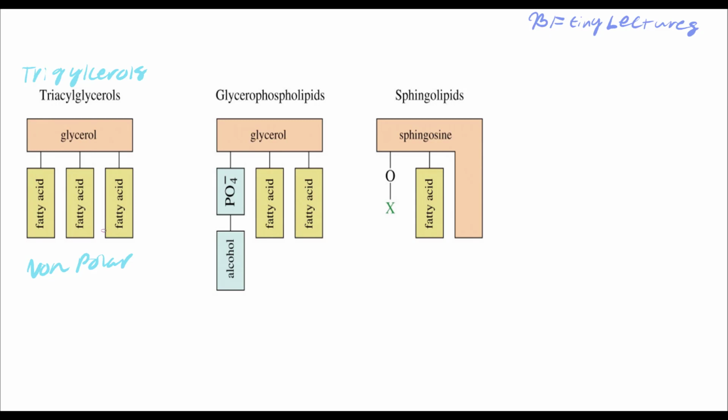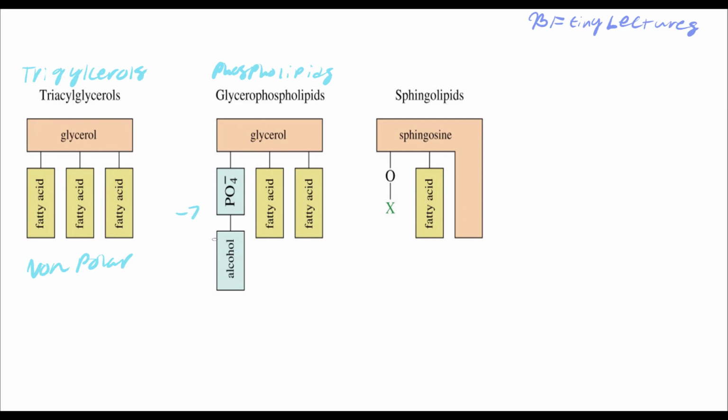Now, what about glycerol phospholipids? Excuse me. Well, glycerol phospholipids are polar. Now, you may be thinking, hey, I've heard of those, and you should. The membrane in your cells is actually made from phospholipids. We can call that phospholipids. And what makes this polar is actually the phosphate group, okay?